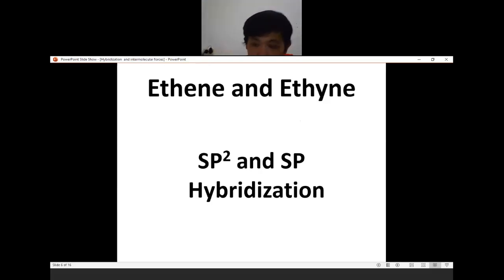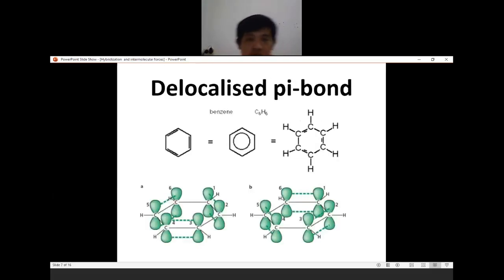Okay, and then next, the delocalized pi bond. It is drawn in your textbook. The structure of benzene consists of six carbon atoms in the form of a ring. There are three double bonds located within the ring.